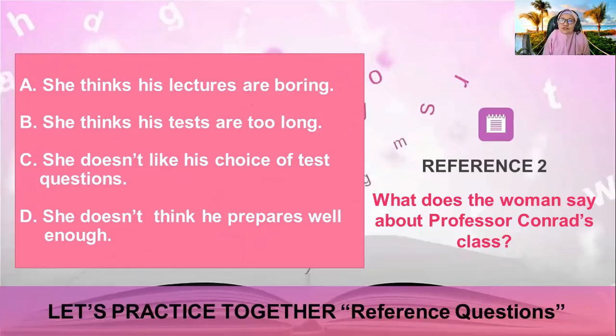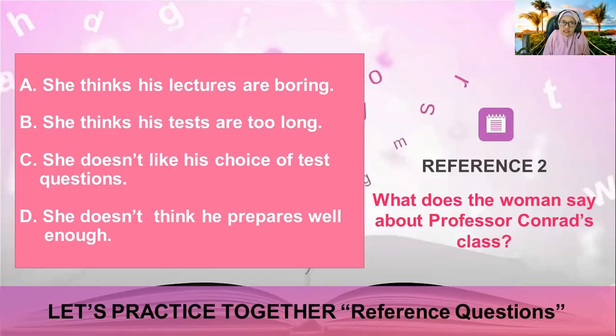Let's continue to the last example of the reference question. It is still the same as the previous practice. You have to catch the idea of each choice and then listen to the audio. A, he thinks his lectures are boring. B, she thinks his tests are too long.